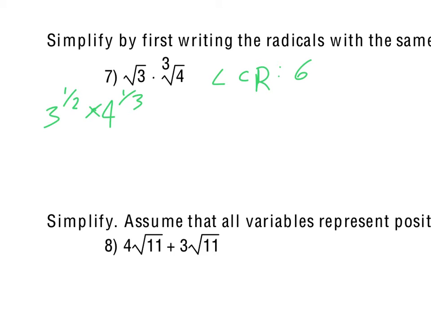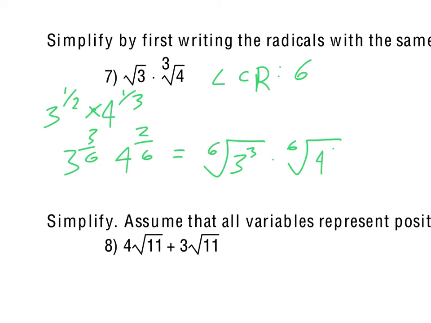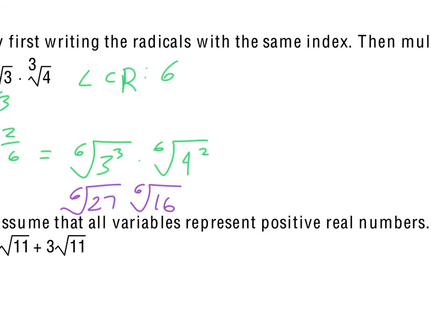So in order to get the least common denominator to be 6, 1/2 is 3 over 6, 1/3 is 2 over 6, so we end up with the 6th root of 3 to the 3rd power times the 6th root of 4 to the 2nd power. 3 to the 3rd is 27, 4 to the 2nd is 16, and so we would multiply those together.